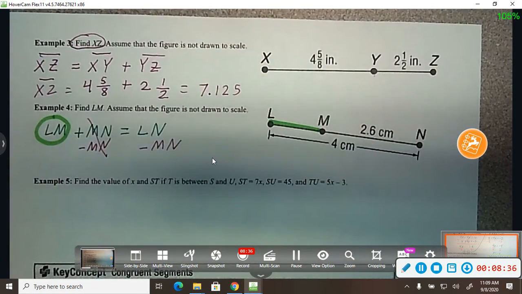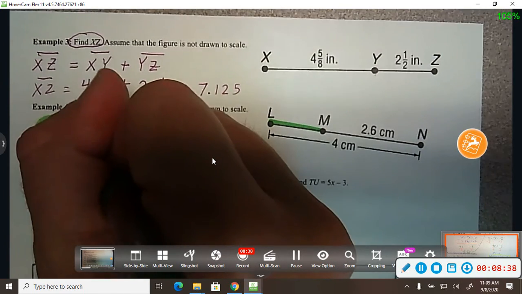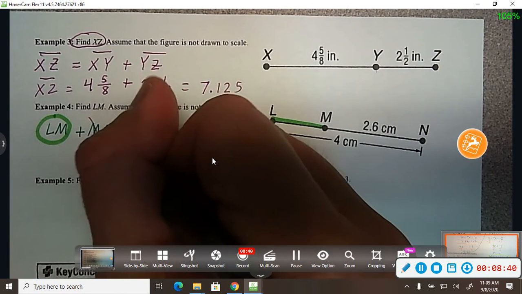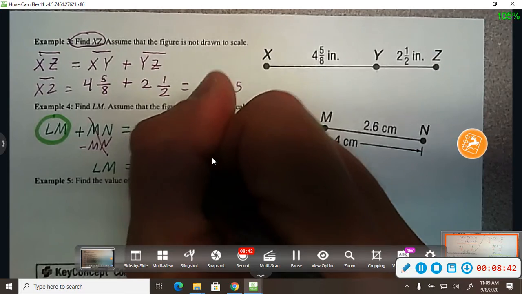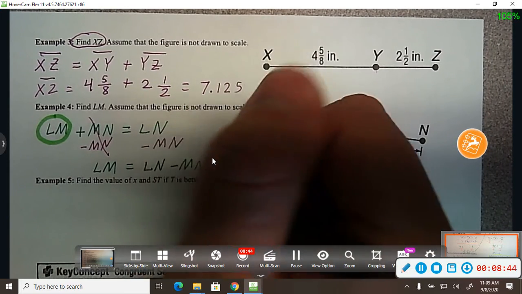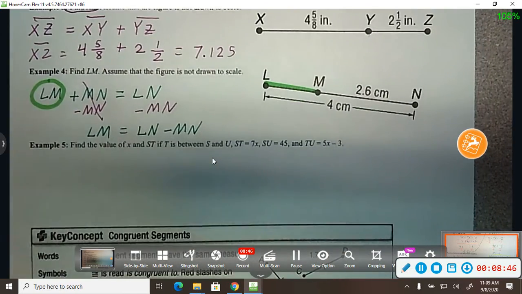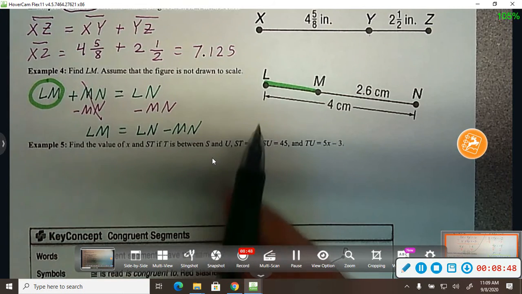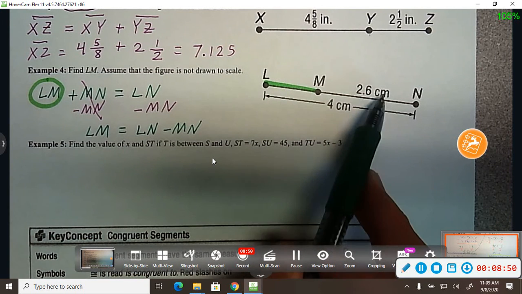And I get LM equals LN minus MN. In other words, to find the small piece, you take the large piece minus the small piece.